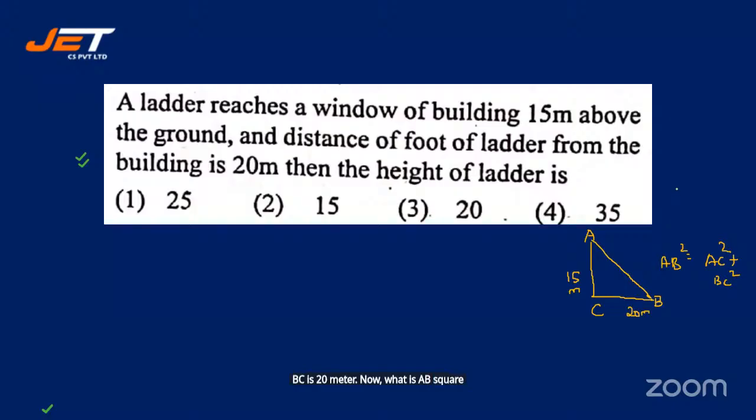See, it reaches a window of the building 15 meter above. So from this building, what is the height? It is 15 meter. So that is why the height part we have taken, and the distance from the foot of the ladder to the building. So this is a ladder, right? From the ladder to the foot of the building, it is 20 meter.